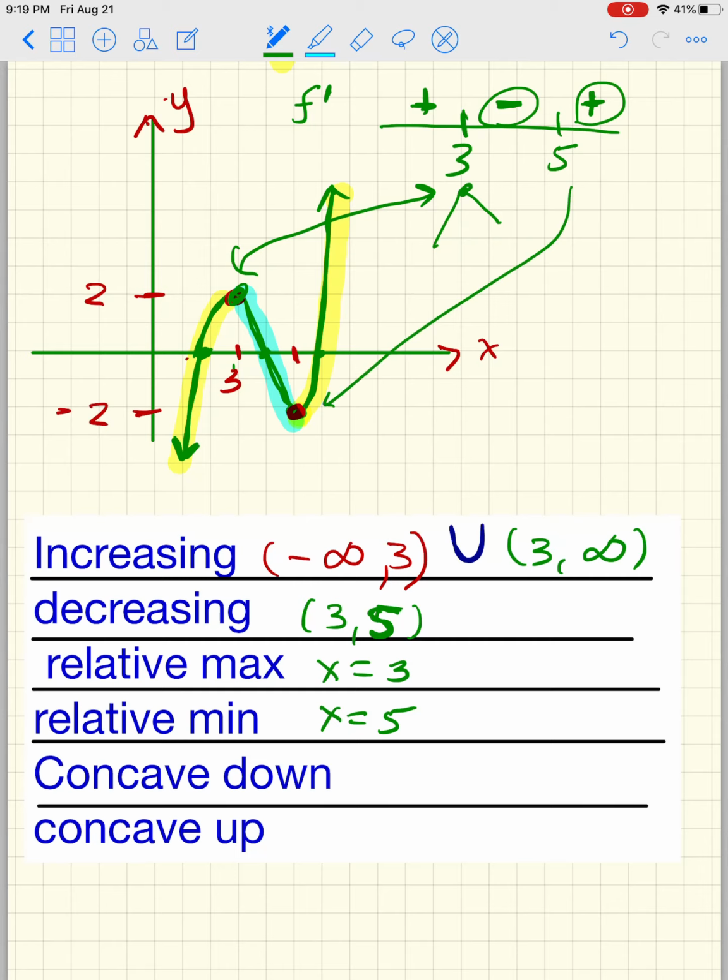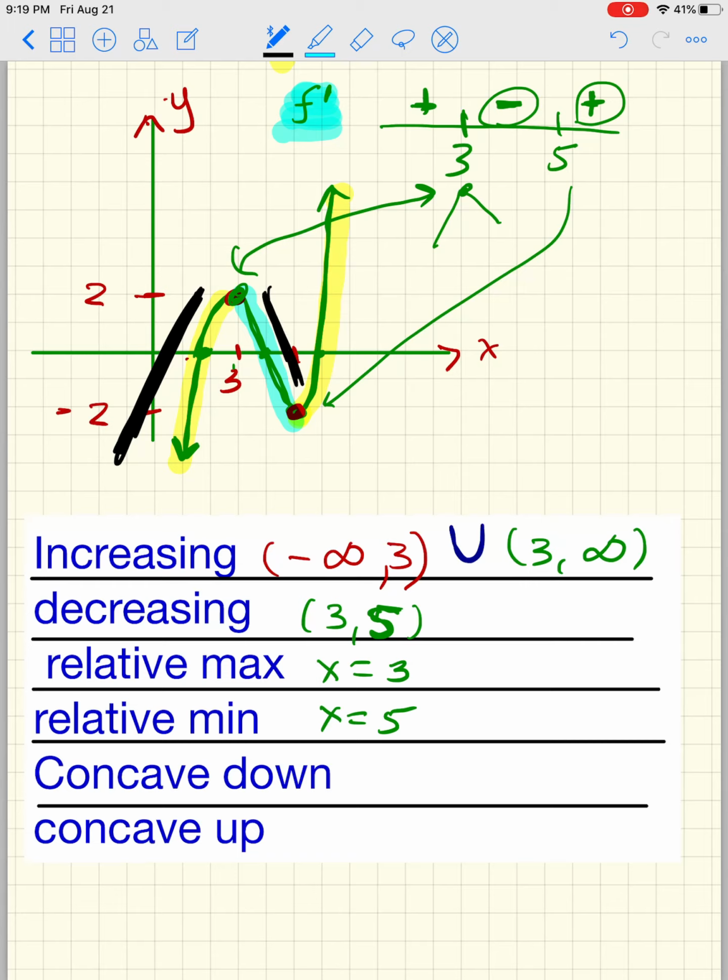And just to introduce you for next video, this f prime represents a derivative. Derivative typically refers to a slope. If you look at this graph, this is a positive slope. Isn't that right?